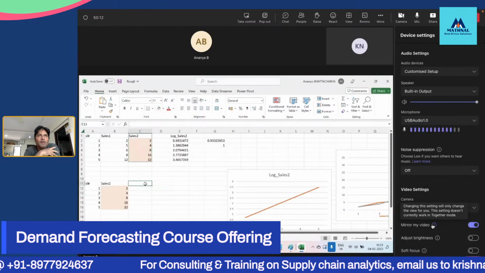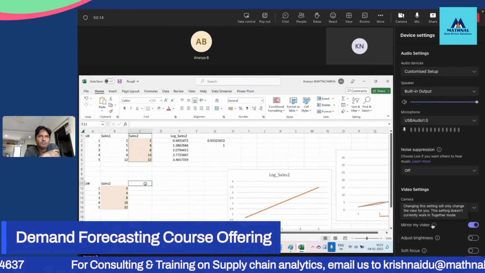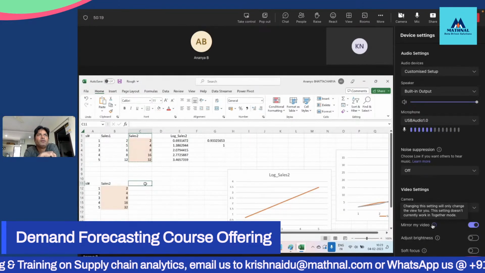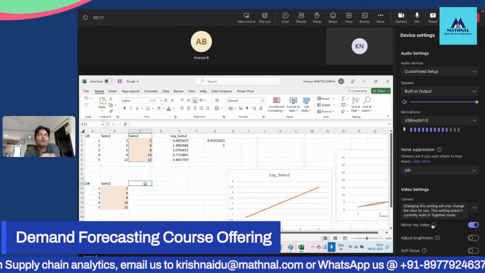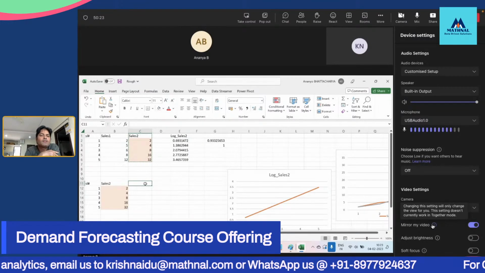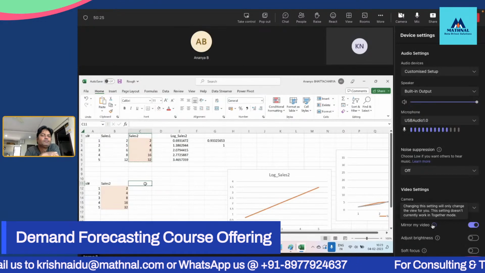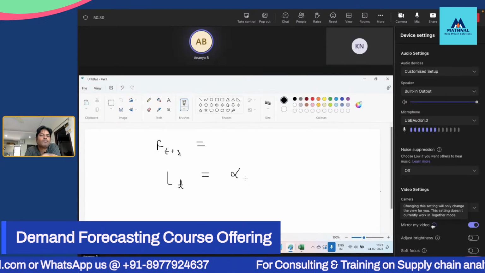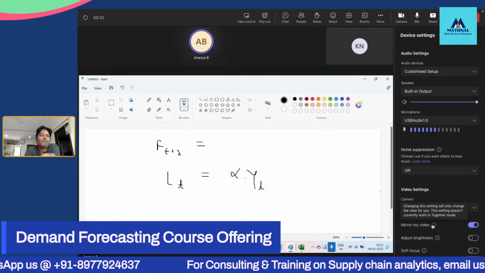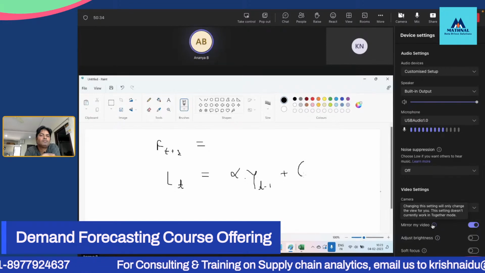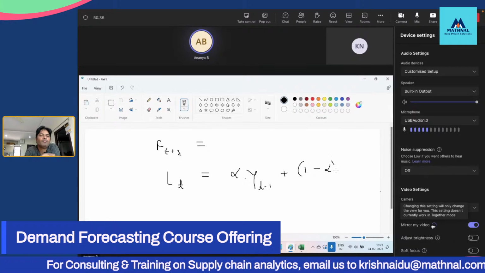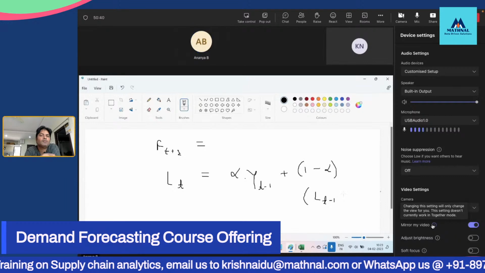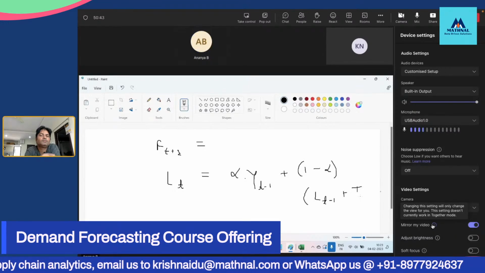We'll do the level forecast in the way we used to. So this level formula, I think it was alpha times Y(t minus 1) plus (1 minus alpha) times the previous level plus previous trend.